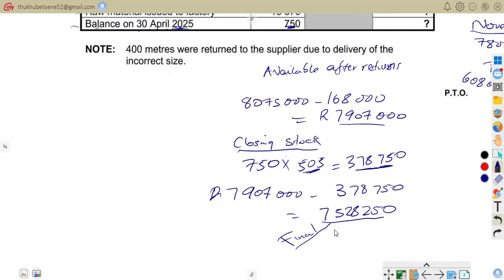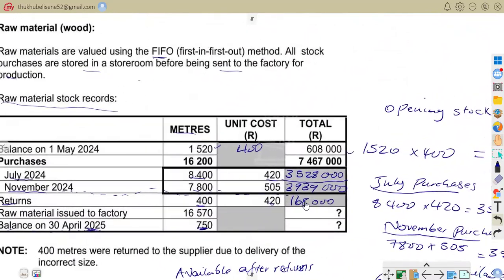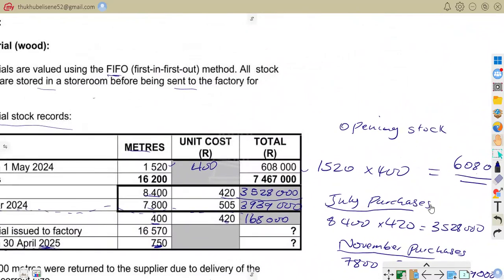This is the final answer for material cost. So that is that, hope we understand. This is how we came up with this material cost. Remember, this is what we're calculating.